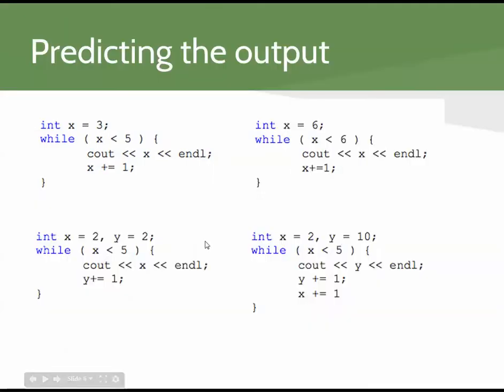So let's do one of these. You can walk through this on your own. This is essentially the same type of exercise. What these bottom ones are illustrating is that we're not limited to just having one variable at play. So I want to look particularly at this and make sure that we understand exactly what's going to go on with this loop.